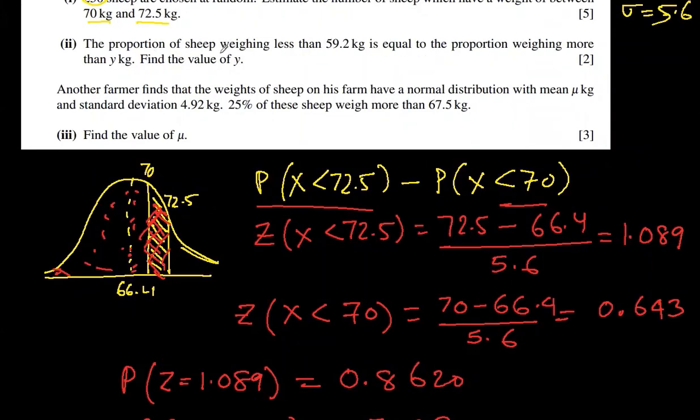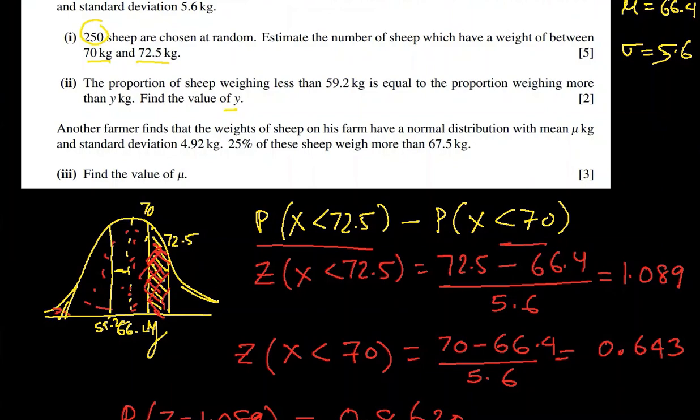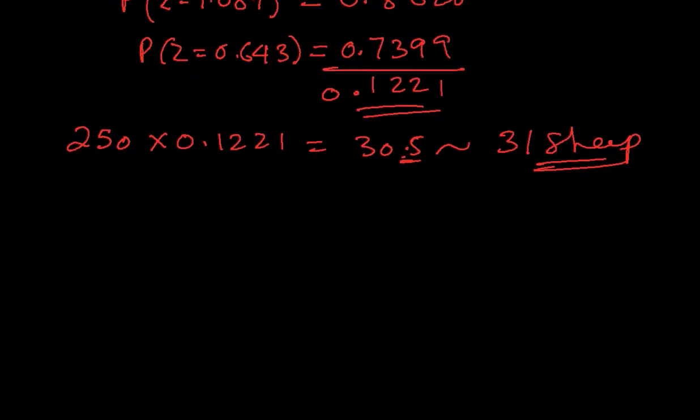The proportion of sheep weighing less than 59.2, let me mark here, it is less than the mean, somewhere here, is equal to the proportion weighing more than y kg. Find the expected value of y. Let's redraw the same thing because it will become otherwise very complicated.